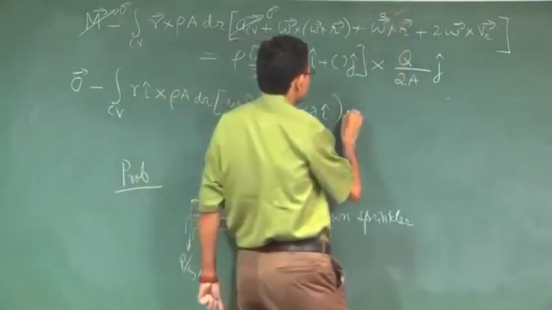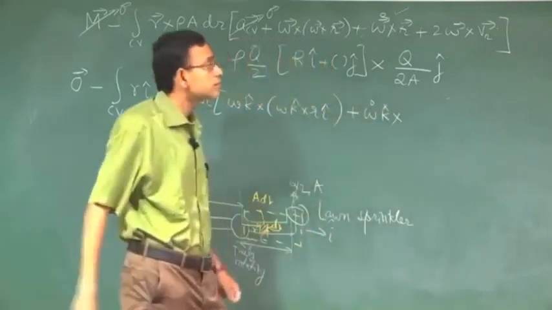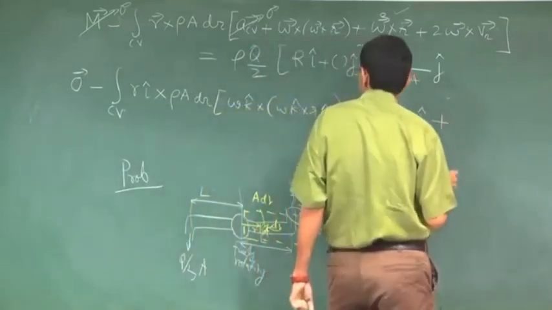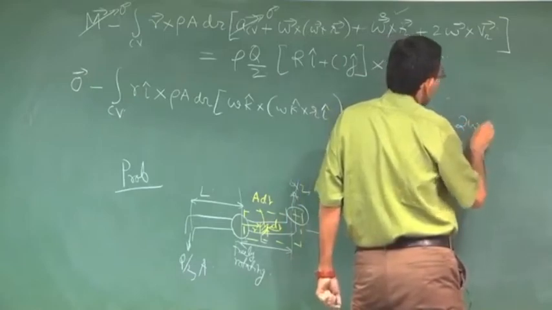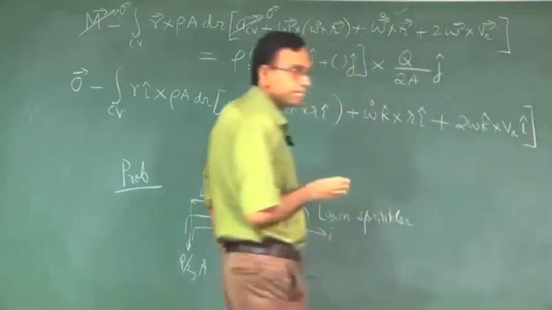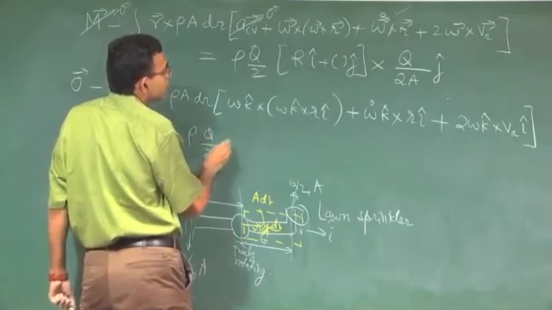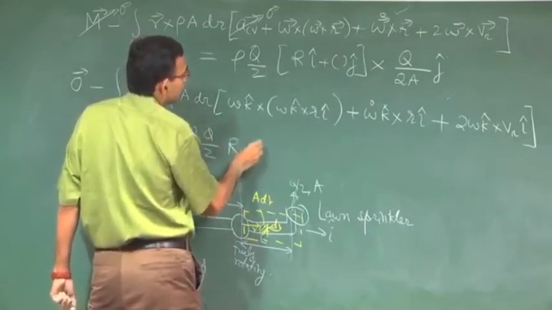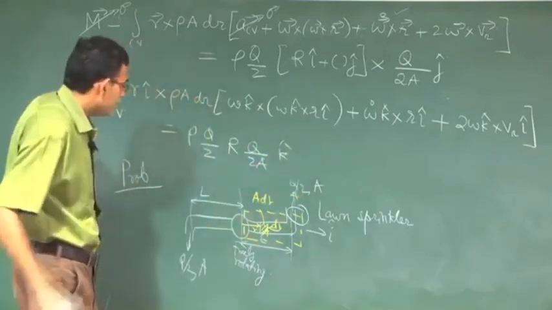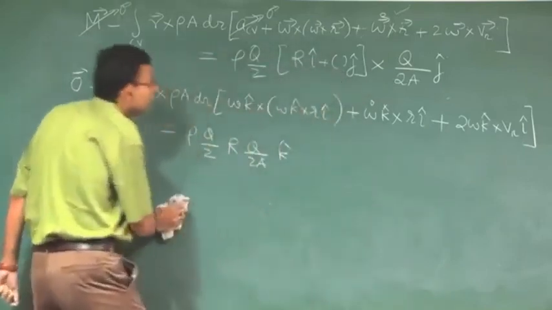So plus omega dot k cross R i, plus 2 omega k cross Vr i, right, and the right hand side is rho Q by 2, R Q by 2A, i cross j is k. So let me erase this figure so that I have some space for doing the cross products.